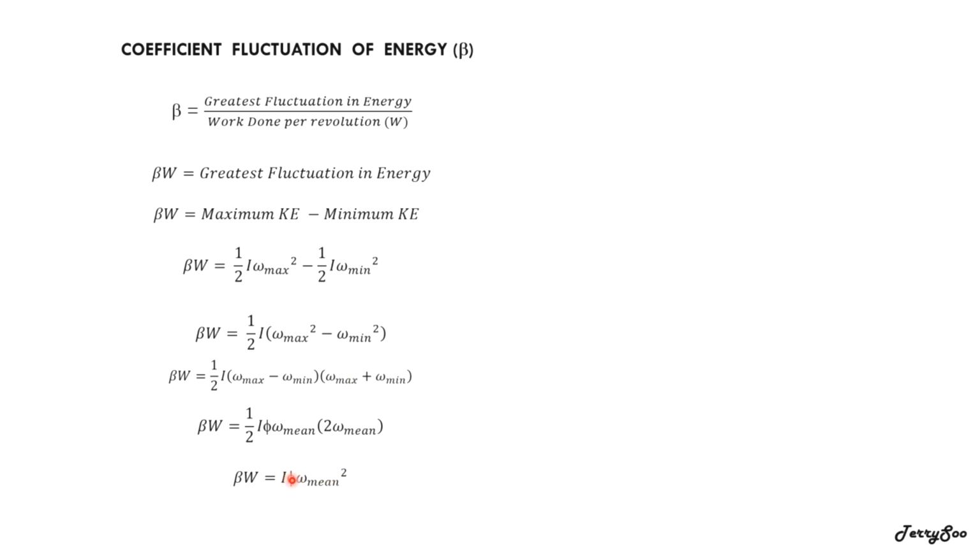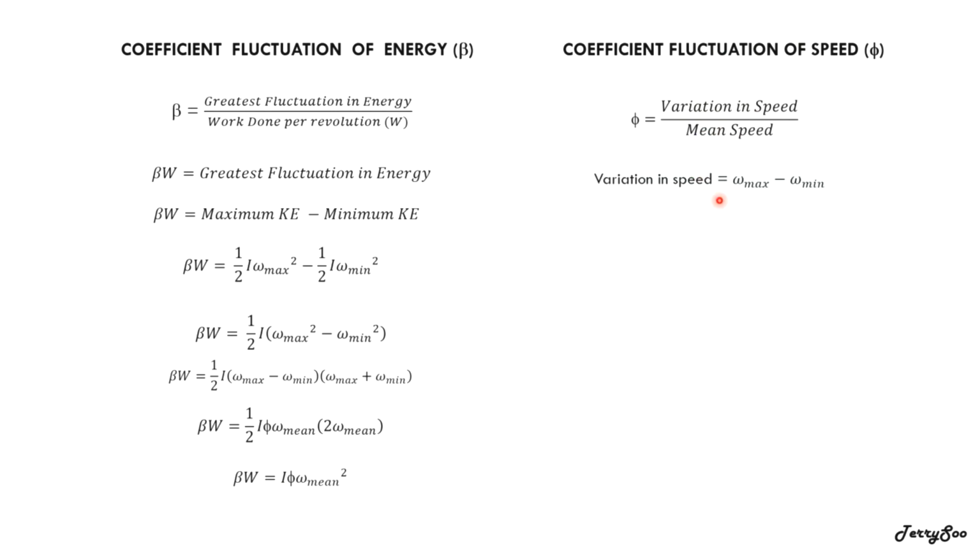Next we go to this symbol here, which is called the coefficient of fluctuation of speed. This is defined as the variation in speed over mean speed. The variation in speed is actually maximum speed minus minimum speed, that means the greatest speed minus the minimum speed, divided by the mean speed. So here I have written down the variation in speed, what it is, and what the mean speed is.